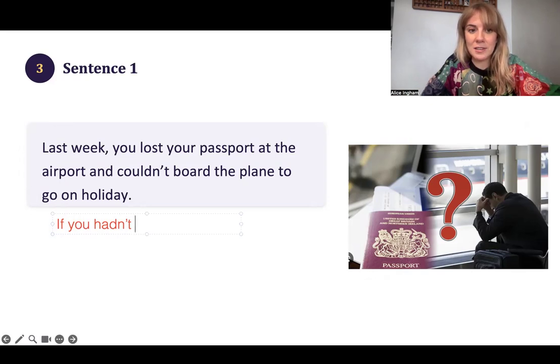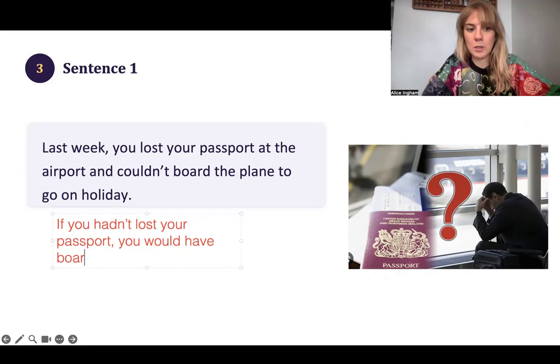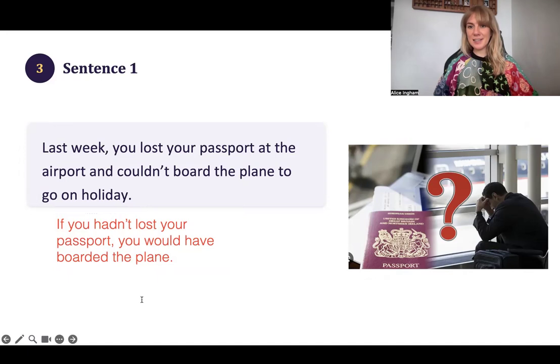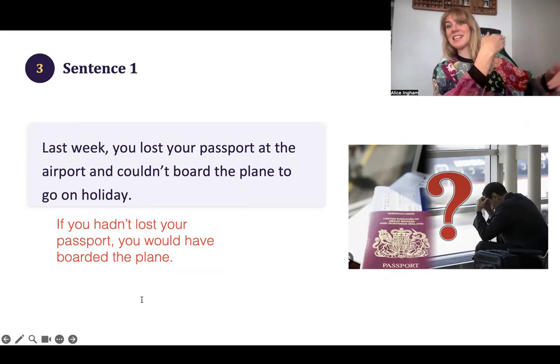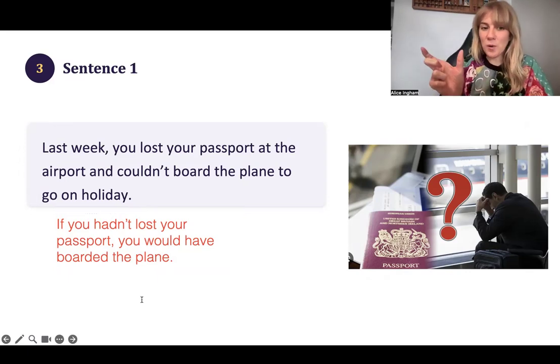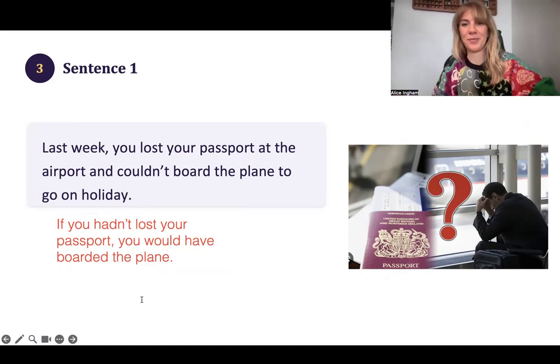If you hadn't lost your passport, comma, you would have boarded the plane. If you hadn't lost your passport, you would have boarded the plane. This didn't happen, right? This is imaginary. Or we could say, you would have boarded the plane if you hadn't lost your passport.